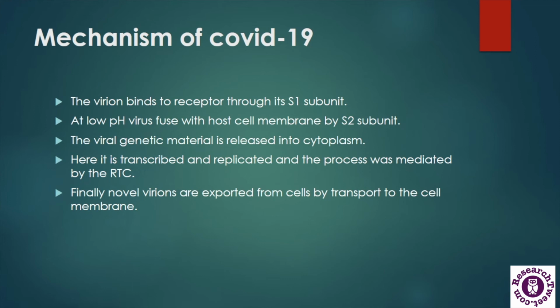After that the cell undergoes cell death due to the pressure of producing these viral genomes. So this is the mechanism of COVID-19, in which the virus uses the cell to reproduce and make multiple copies of the viral genome.